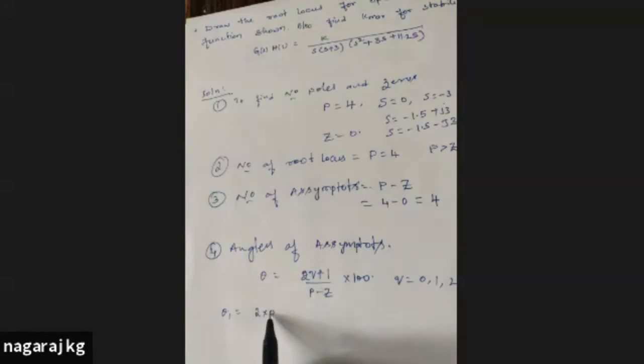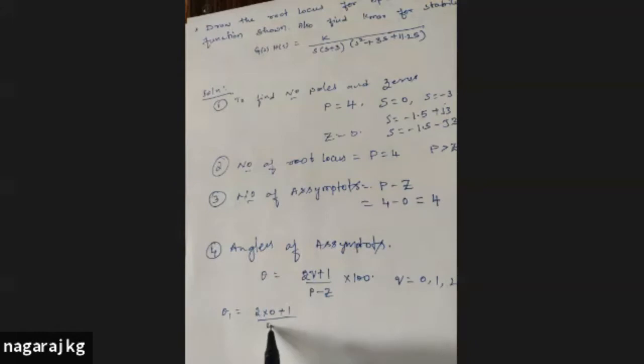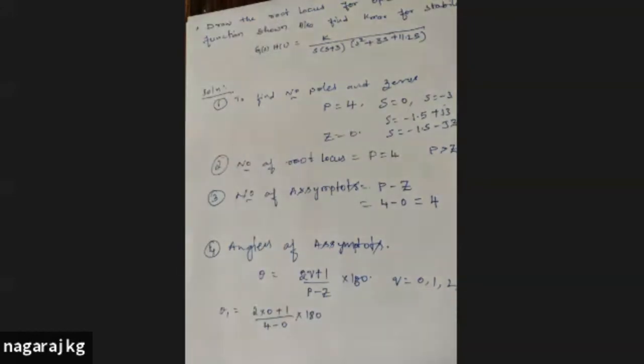2 into 0 plus 1 divided by 4 minus 0 into 180, not 100, it is 180. So when you calculate this, you get 180 divided by 4, which is equal to 45 degrees.